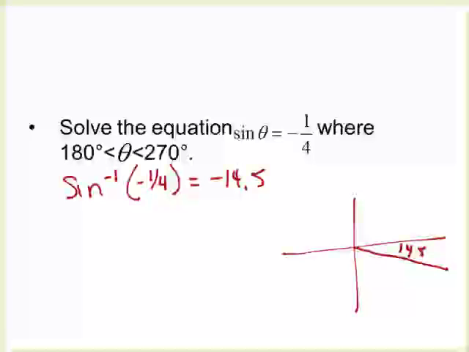That angle's in the wrong quadrant. I was told I wanted my answer to be between 180 and 270, which would be that third quadrant. You can reflect an angle into any quadrant you want, and the reference angle will remain the same. So I'm just going to flip this guy over into the quadrant I want it, and that reference angle remains the same.